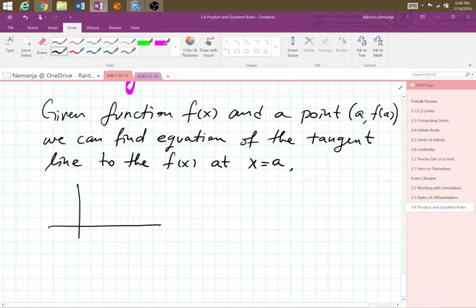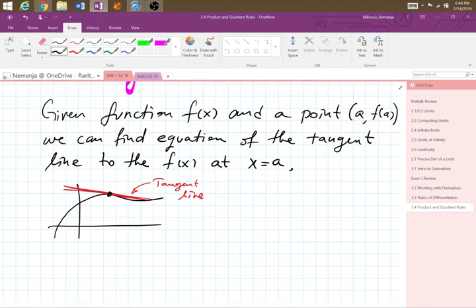Those are the words. Here is the picture. So this red line is called the tangent line. Remember, I said it kisses the function, which means it touches the function at exactly one point, and one point only. That point is at x equals a, and that point has the coordinates a, f of a.